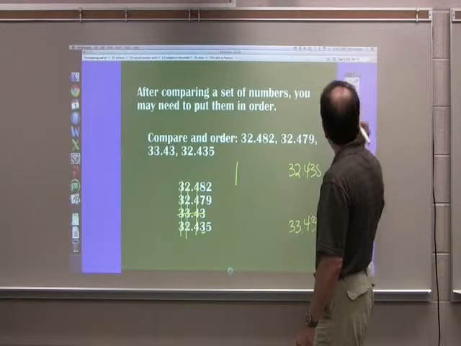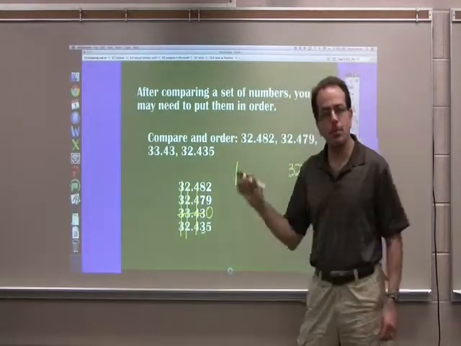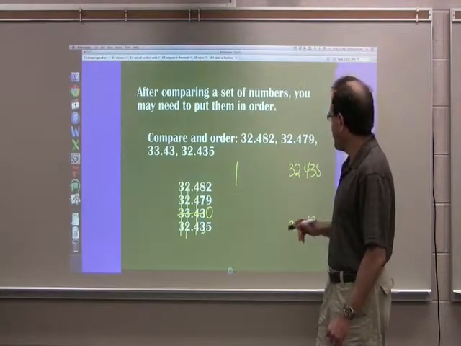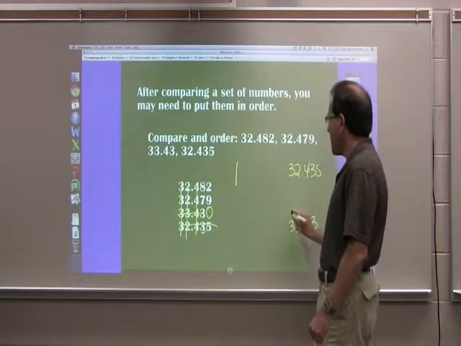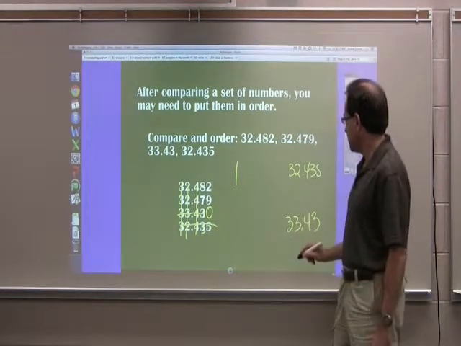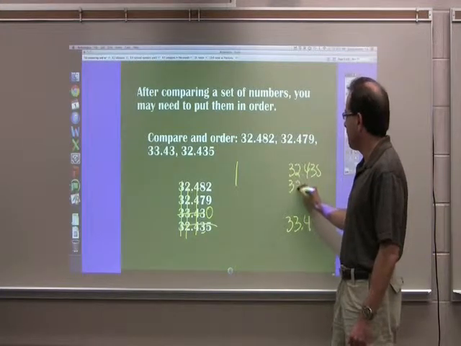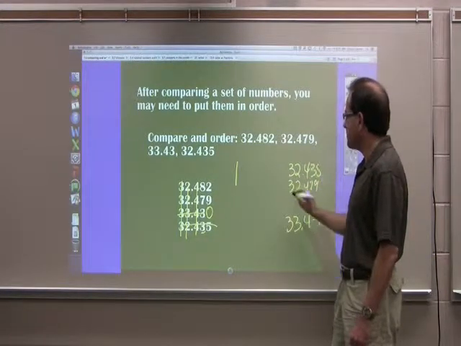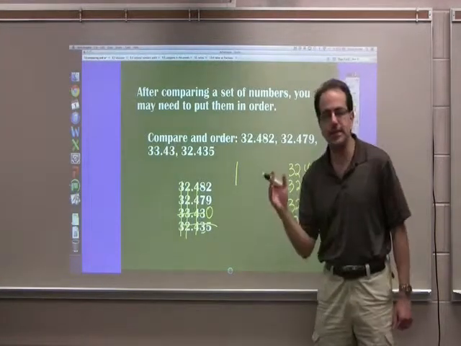It's a good idea to do that to keep your place values lined up. All right, that's taken care of. My 7 is smaller than my 8. Okay, so my next smallest number is 32 and 479 thousandths, and then 32 and 482 thousandths is left.